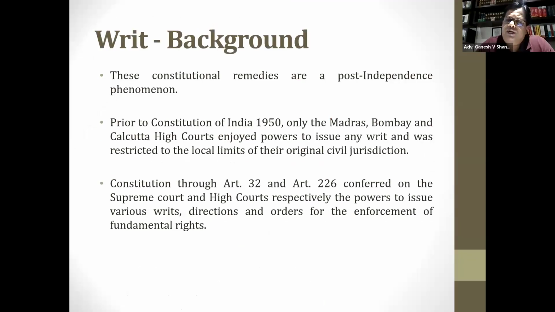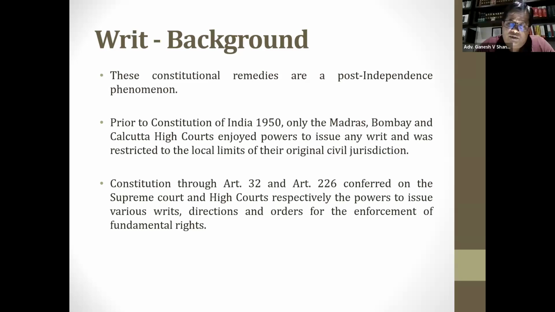Background: prior to independence, there were only three high courts in the country: Bombay, Madras, and Kolkata. And that too, the power of writ was restricted to the original jurisdiction of those high courts, in their geographical jurisdiction, and it was not available to everyone across the country. So, to expand it further and provide this remedy to everyone in the country, Articles 32 and 226 were inserted in the Constitution, and this power was widened.